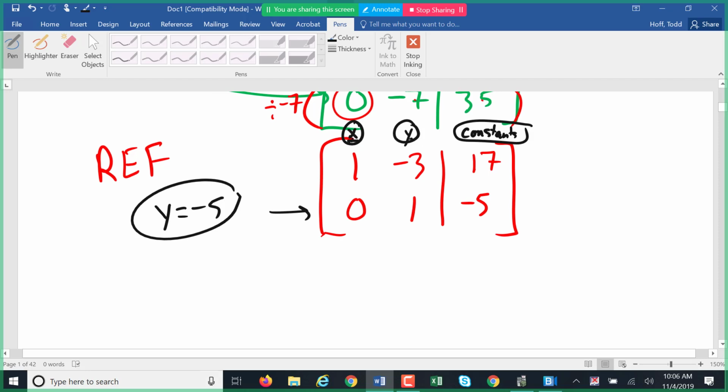We went from the system of equations into the matrix. We can now go from the matrix back into a system of equations. What this top row is telling us was over here, the 1 is just 1x, -3 is -3y equals 17.